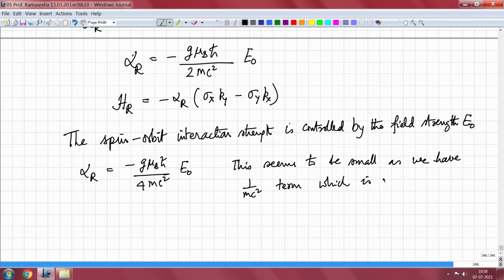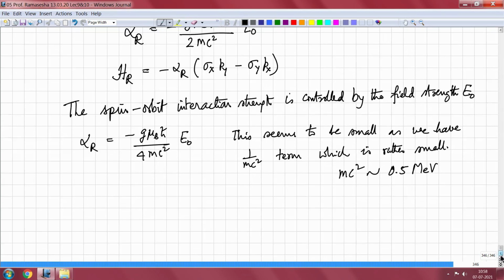Which is rather small, because m c squared for an electron is about 0.5 million electron volts. So that comes in the denominator, and so it looks to be very small.